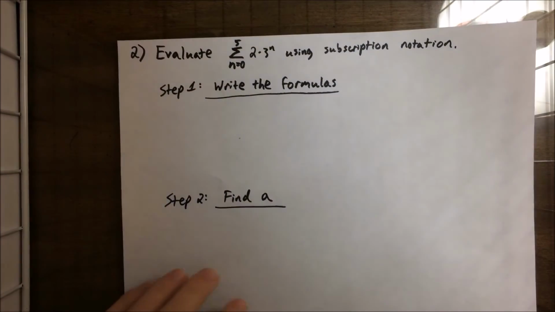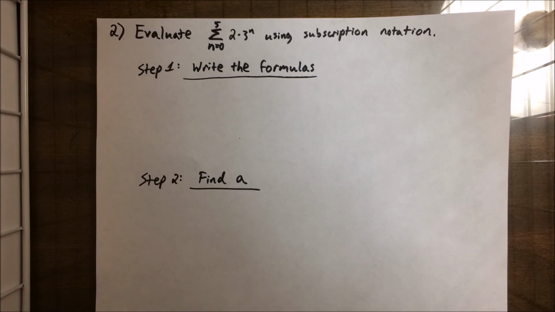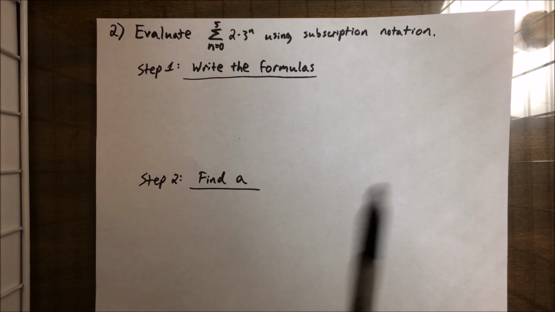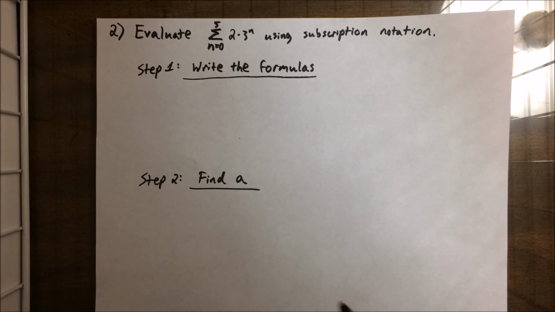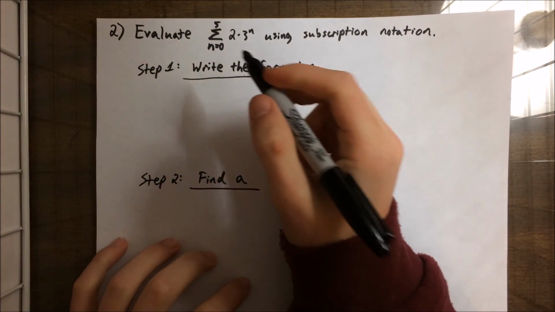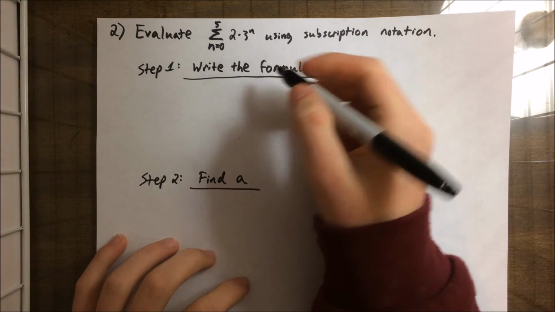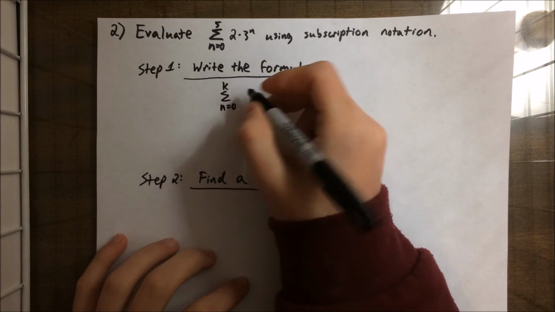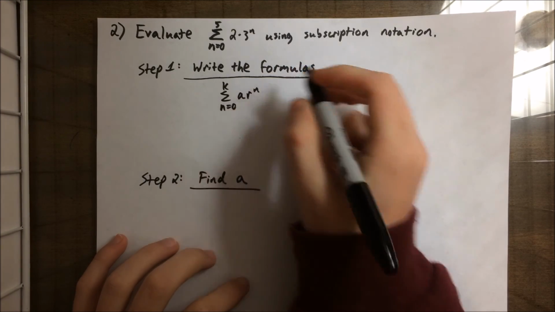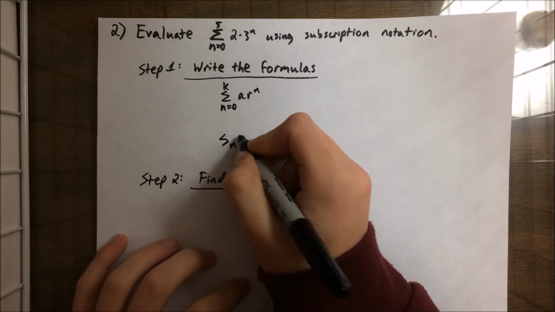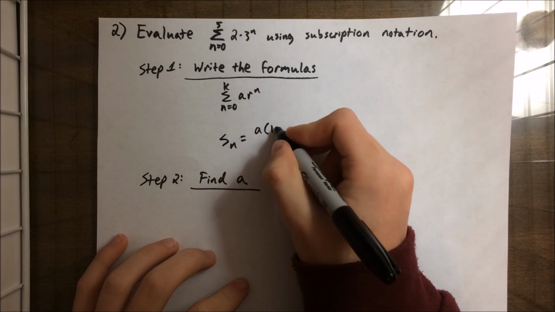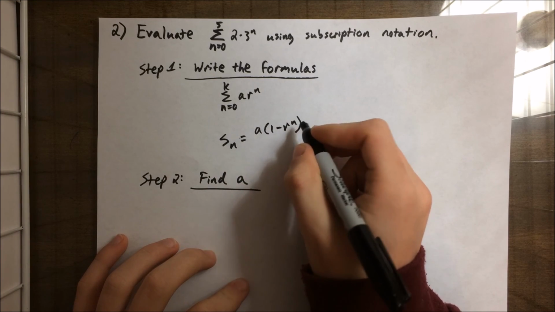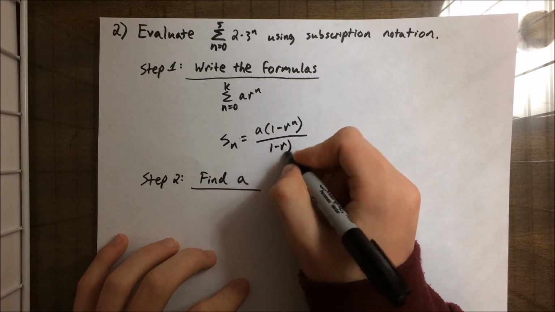In this example, we're actually going to take a summation notation and evaluate it using the summation formula. So in this example, step 1 is to write both formulas. The summation from n equals 0 to k of a r to the n, and S sub n is equal to a times 1 minus r to the n all over 1 minus r.